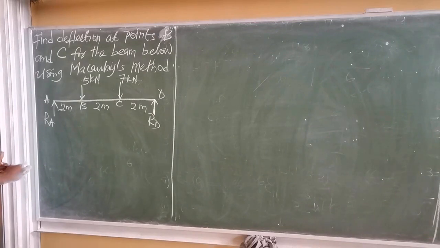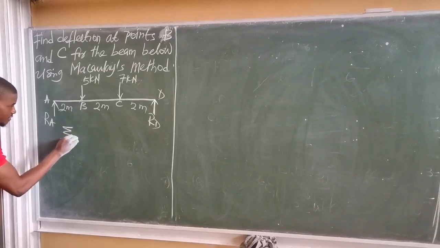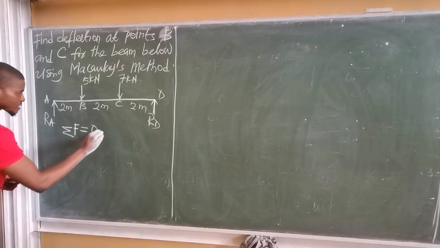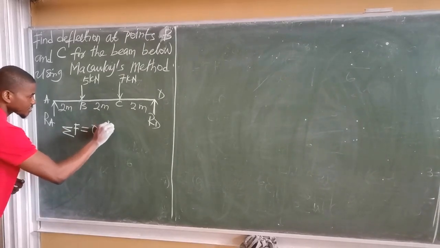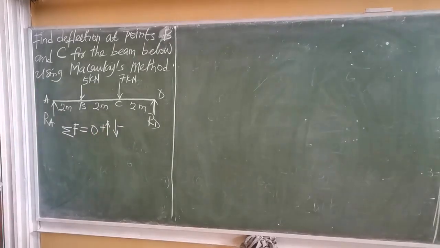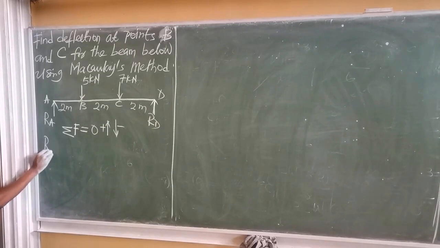To obtain the reactions, of course, you employ your equilibrium equation. Summation of all the vertical force is equal to 0. So we simply consider forces that point upwards as positive and forces that point downward as negative. Then we simply have RA.